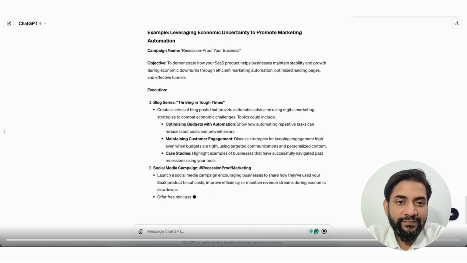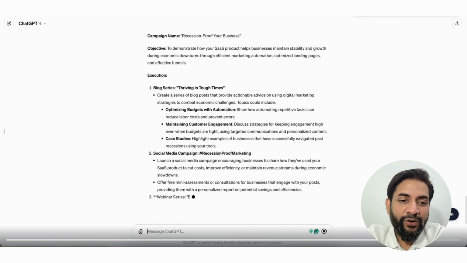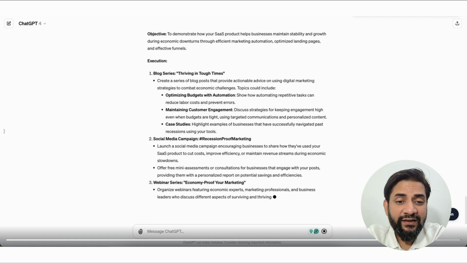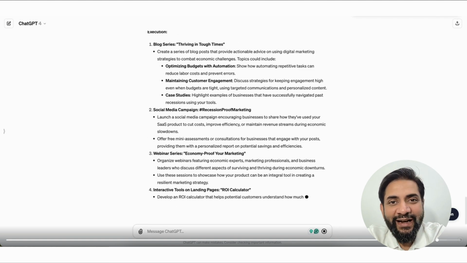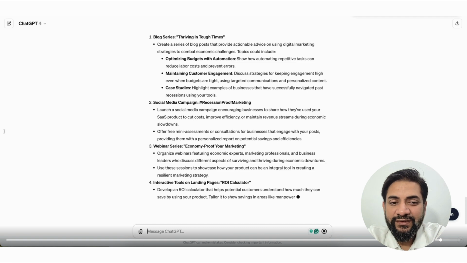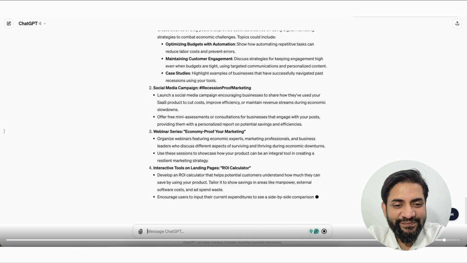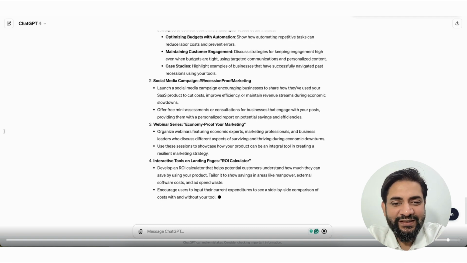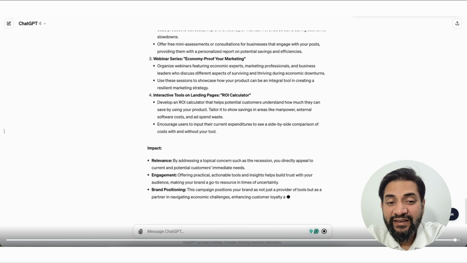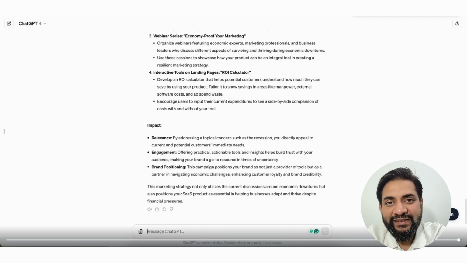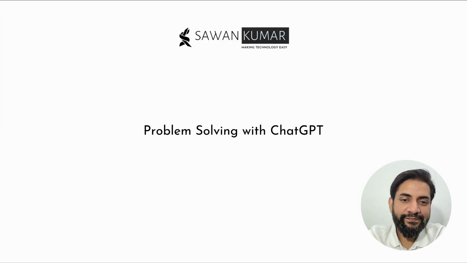An example and how to execute it: a blog series, a social media campaign with a hashtag, a webinar series, interactive tools on landing pages like ROI calculators. What else does ChatGPT have for us? Okay, nothing else. So the relevance increases, the engagement increases, and the brand positioning gets better with this.